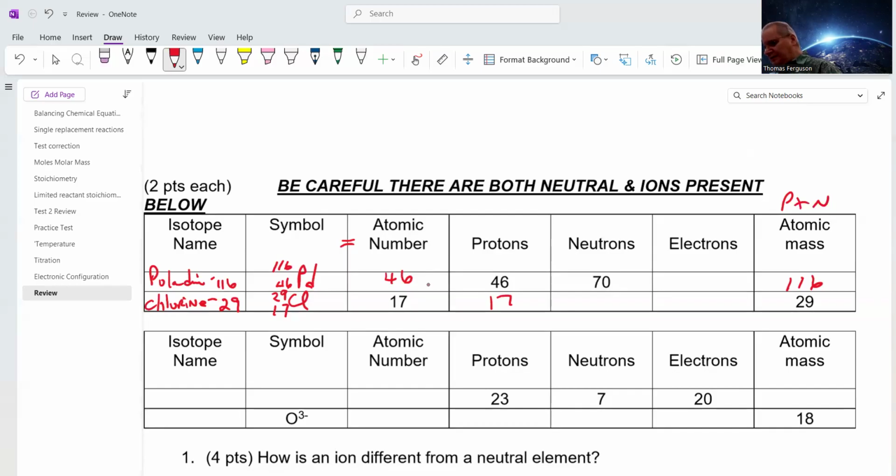Neutrons for chlorine: protons plus neutrons is 29. Of those 29, 17 are protons. So we're looking at 12 neutrons. Because it's neutral, these are equal. So that would be the top one.